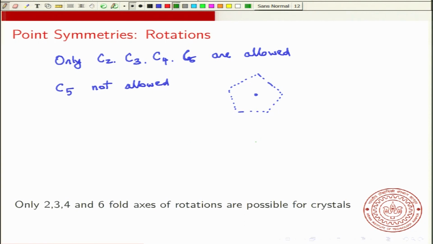Suppose you take a set of pentagons. You can see this if you try to fill space with perfect, regular pentagons.